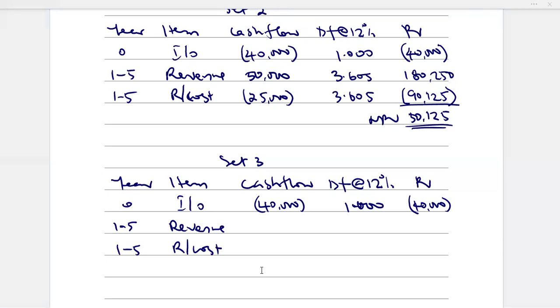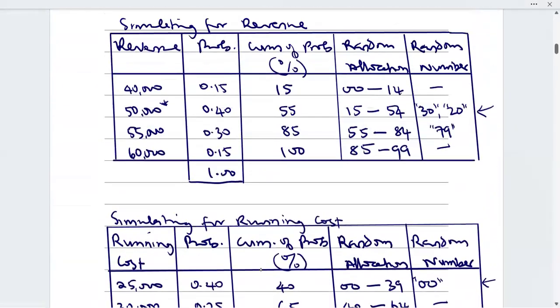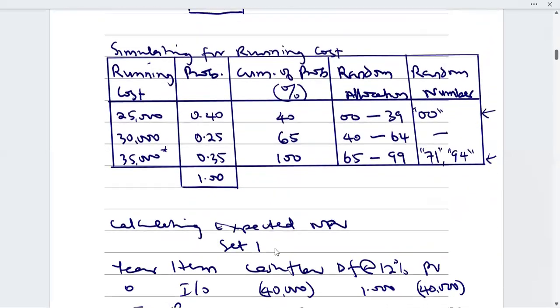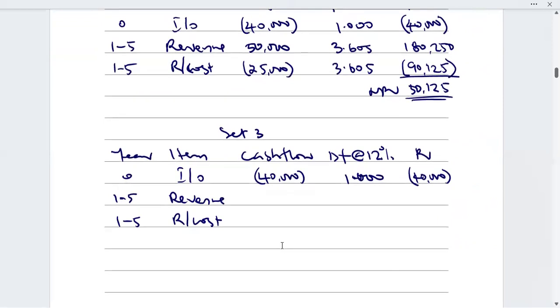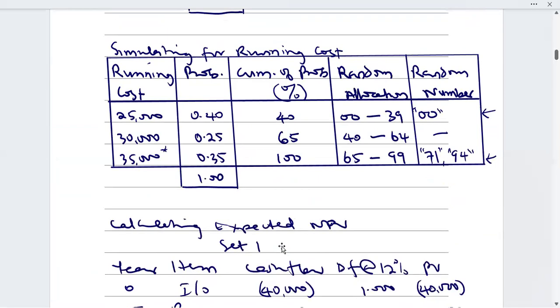Set 3, the random number is 79 for revenue. Here is the 79. Trace it to the left, that's 55,000 naira. Revenue is 55,000. Then the random number for running costs, the last one, is 94. 94 is in the last row, which is 35,000 naira.